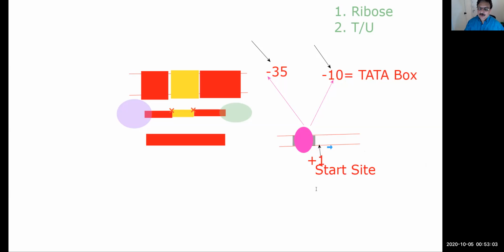Any sequence before this will be written with a minus sign. So -10 would mean 10 base pairs ahead of the start site, and -35 would mean 35 bases before the start site. +35 means after the start site.